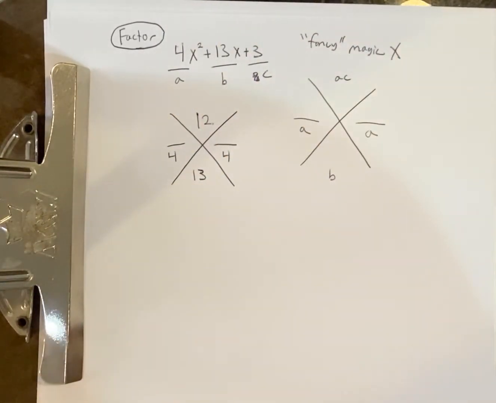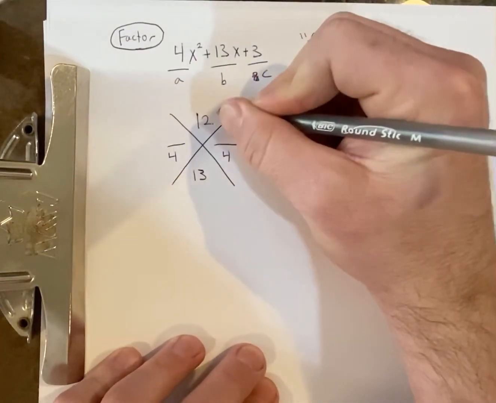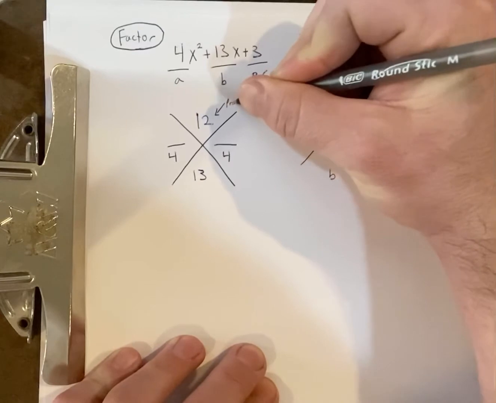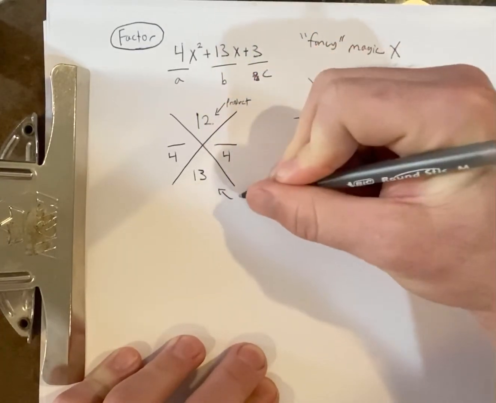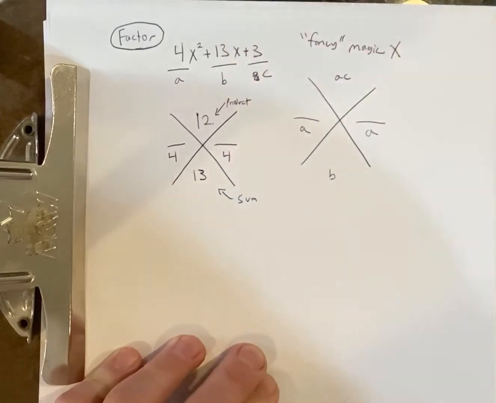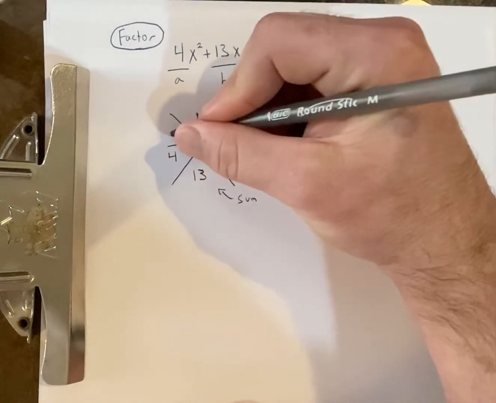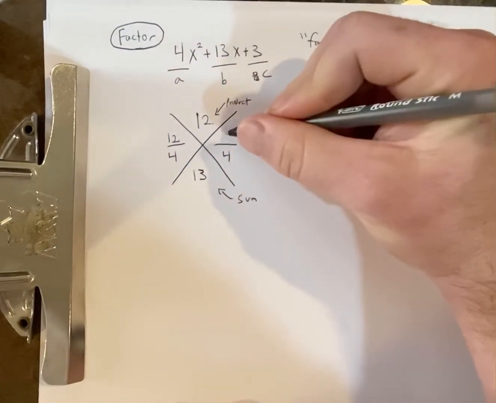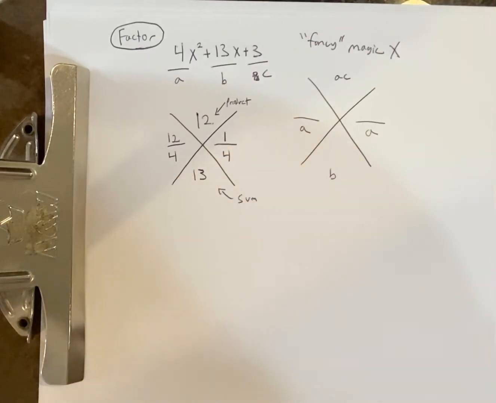So now, just like before, I'm going to find the factors whose product is 12 and whose sum is 13. And those numbers are 12 and 1. 12 times 1 is 12. 12 plus 1 is 13.